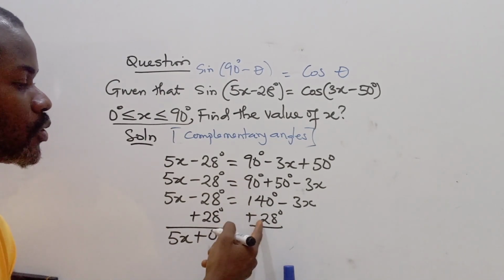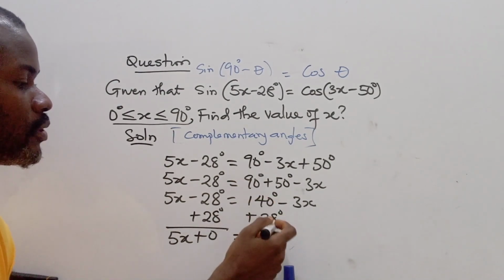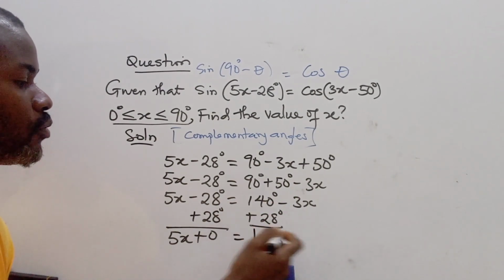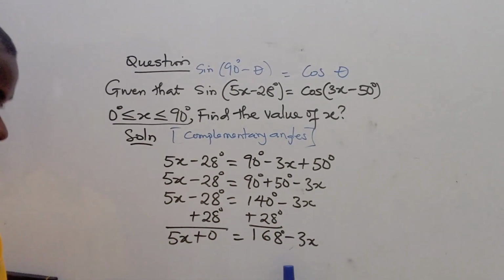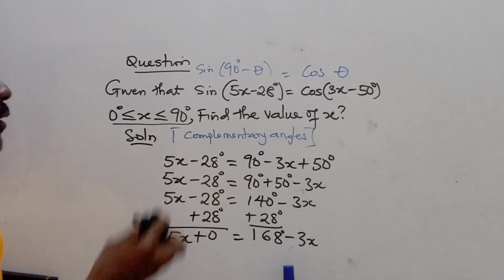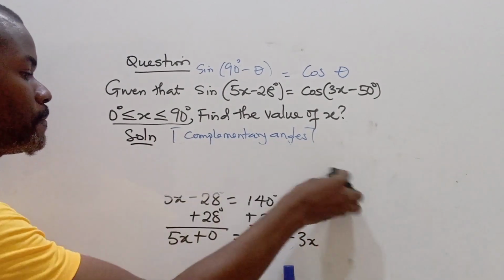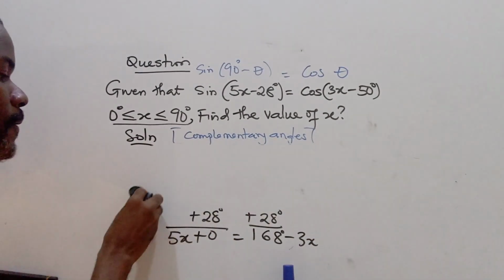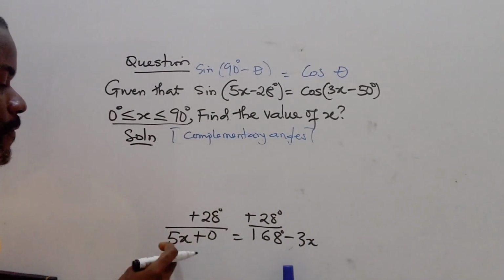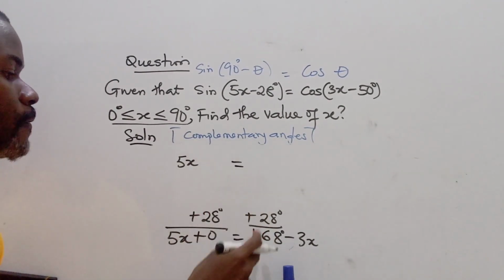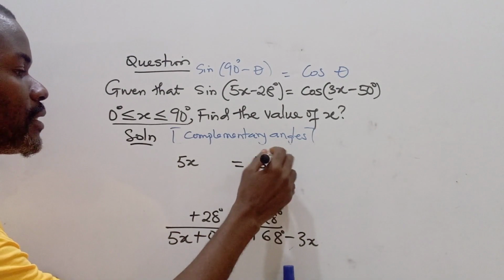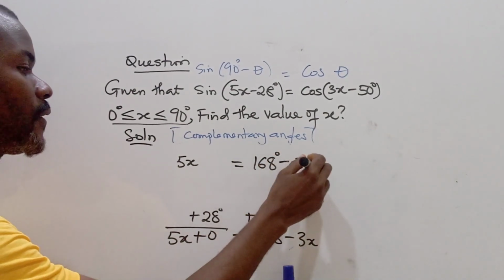Now 140 plus 28: 0 plus 8 is 8, 4 plus 2 is 6, and we have 1, so 168 degrees, minus 3x. This will now give us 5x plus 0, which is 5x, equal to 168 degrees minus 3x.